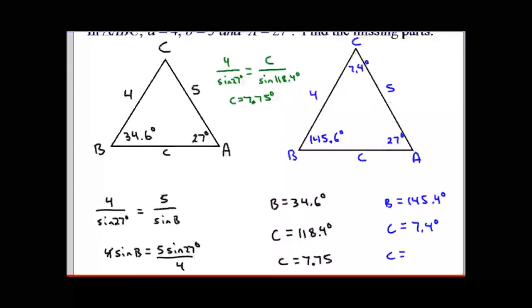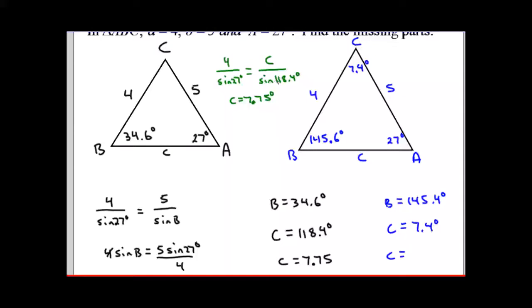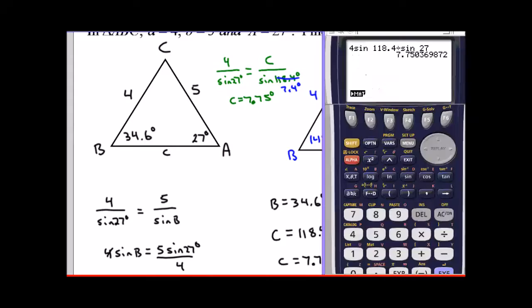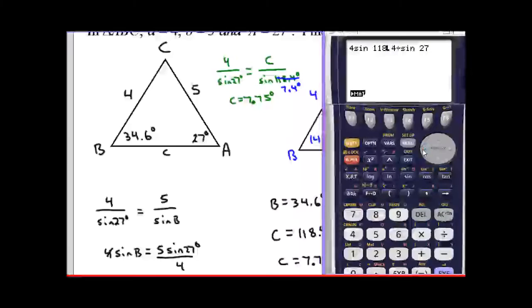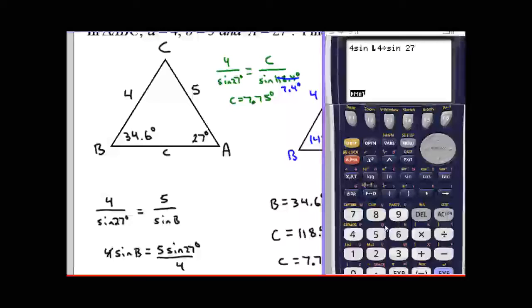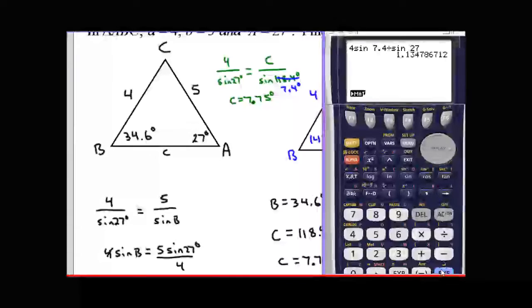Now, in the blue triangle, the only thing that we change is angle C, which becomes 7.4 degrees. I do the exact same thing on my calculator, except instead of the sine of 118.4, I use the sine of 7.4.